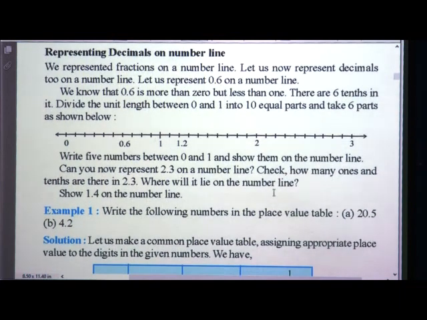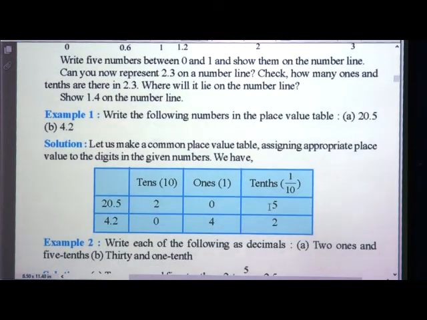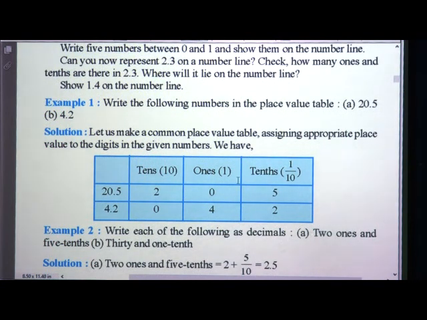Let us solve a few examples. Write the following numbers in the place value table: 20.5 and 4.2. Okay, students, now we need to write the place values for these numbers.